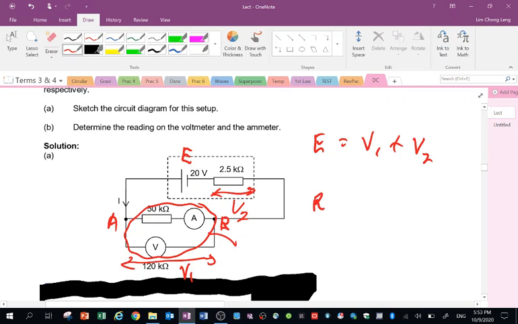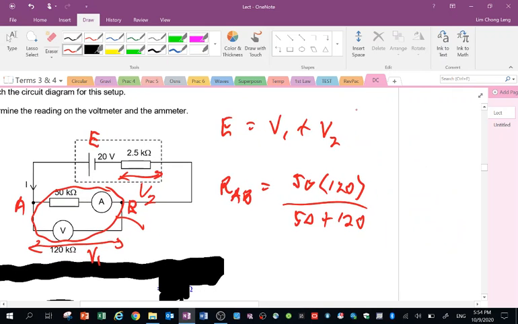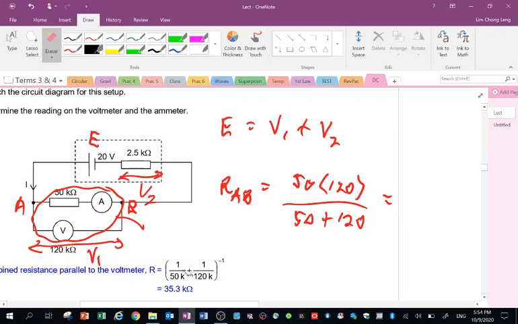Resistance across AB is 50 times 120, product divided by the sum. I hope you still remember from the previous lecture. Product divided by sum will give me a certain value, which I think is 35 point something, right?